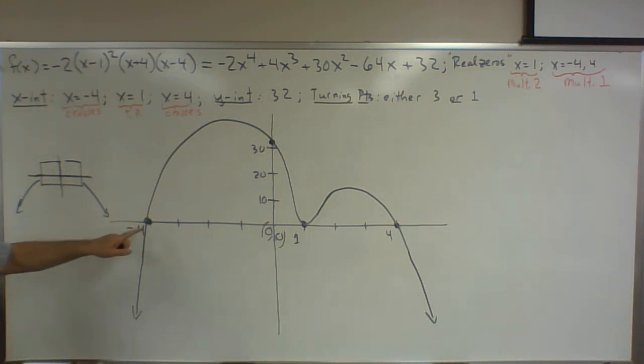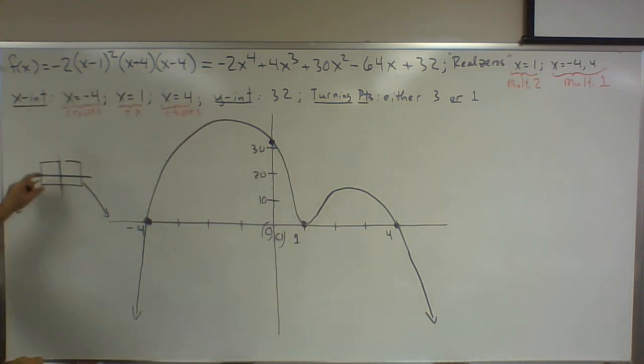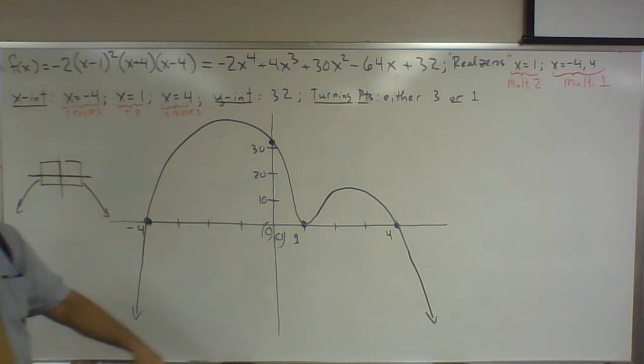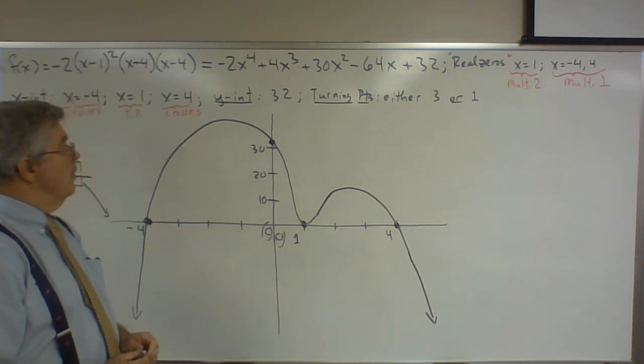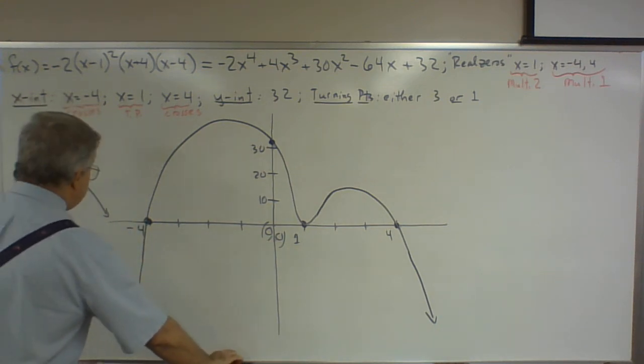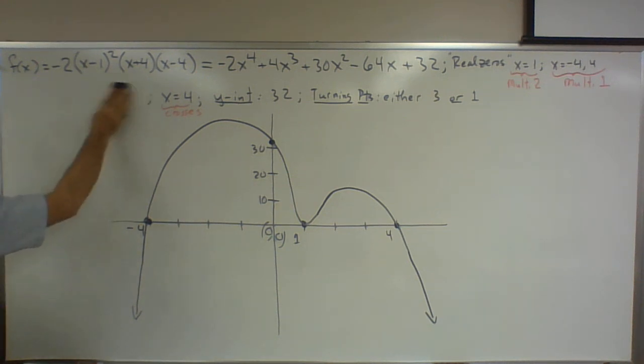If we encapsulate our intercepts and turning points and put them in a box, outside of the box, this is what the graph is going to look like. It's going to go down and to the left, which this does, and it's going to go down and to the right over here, which it does. What that means is that we have graphed this thing to perfection.